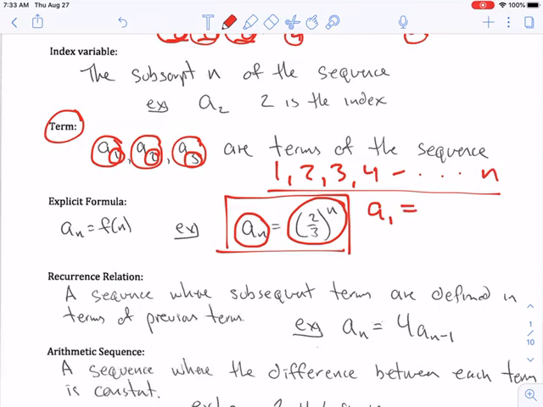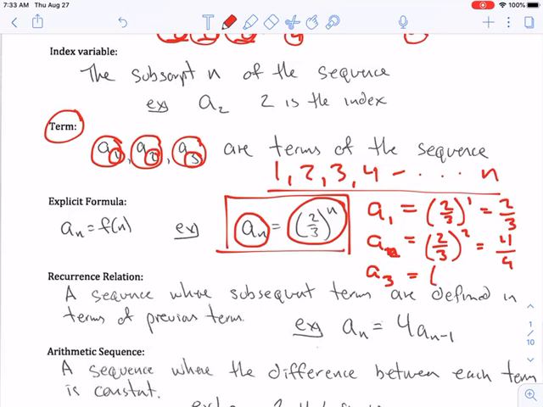And so when n is equal to 1, we would have 2/3 to the first power, which is 2/3. When n is 2, we would have a sub 2, so we would have 2/3 to the second power, which would be 4/9. When n is 3, we would have 2/3 to the third power.